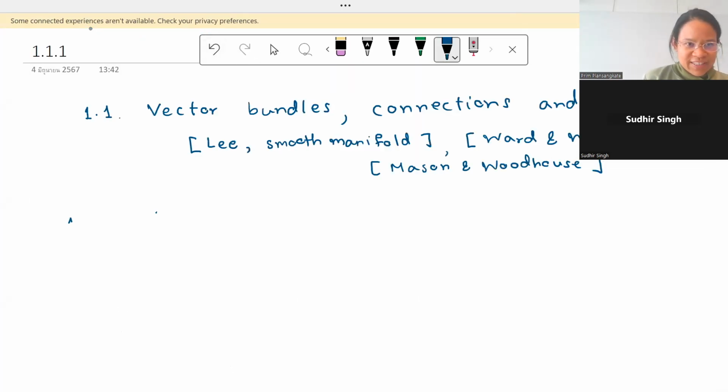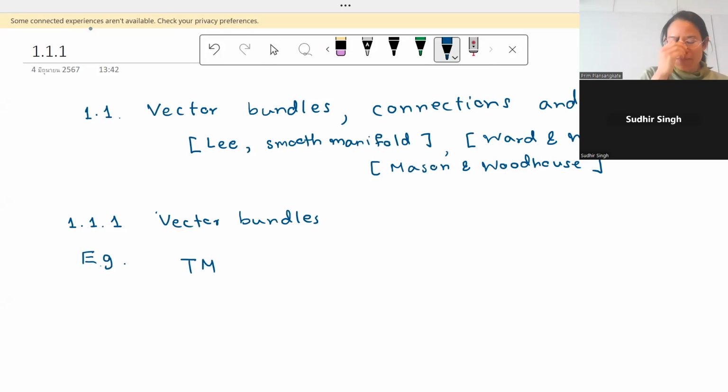Okay, first start with vector bundles. In fact, we have seen vector bundles. The tangent bundle is an example, and the cotangent bundle, which is what we had before, and the bundle of covariant K-tensors.